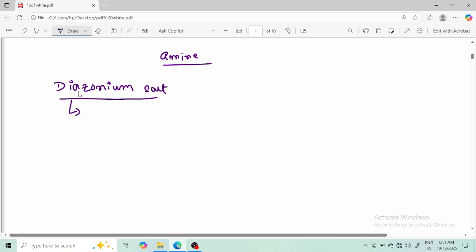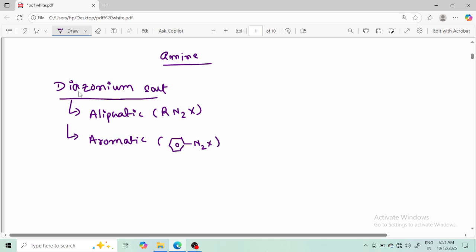So diazonium salt is of two types, aliphatic and another one is aromatic. So aliphatic is RN2X and aromatic is benzene ring, then N2X. That's diazonium salt.